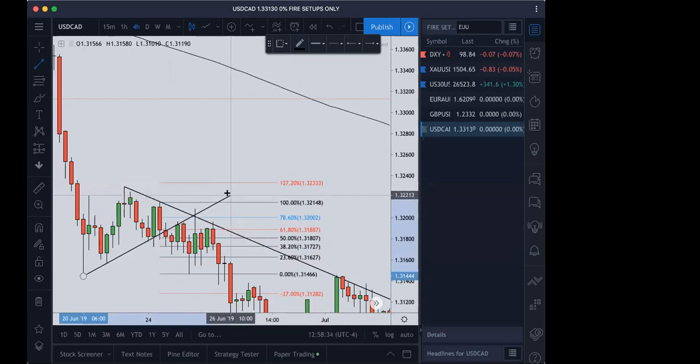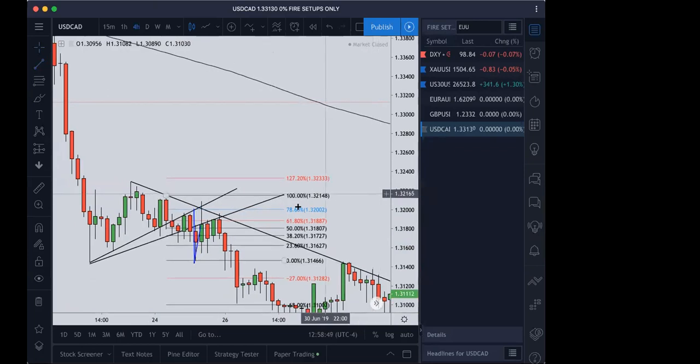So this time you can use this one, but I think you can use this one also. Can you find the pattern here? Would be a bullish W. Yes, correct.